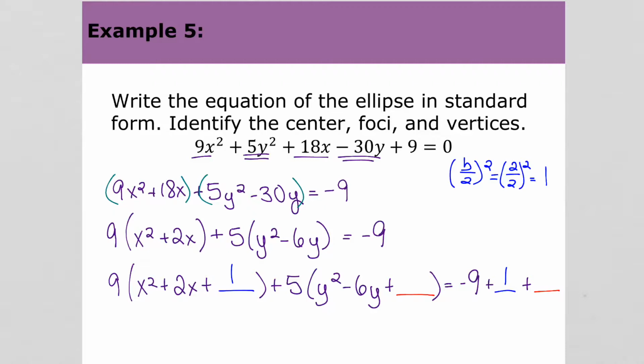For the red blanks, our b is -6. So negative 6 over 2 squared. That's negative 3 squared, which is 9. So in our red blanks goes 9. I've got to pick this up, take it to the next page.